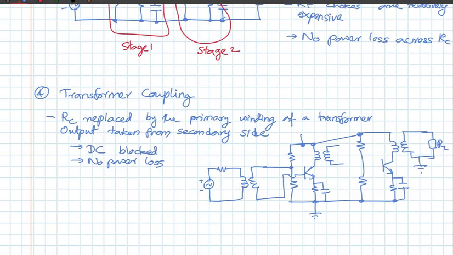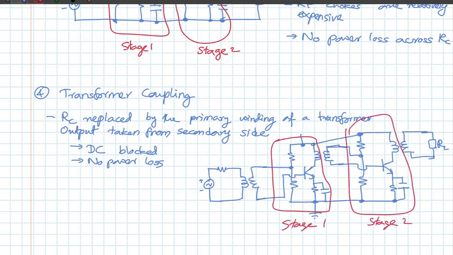There is no connection. We can even eliminate this ground if you want an isolated circuit, so that no currents can flow between the RL side and the other. So this is the transformer coupling. Here, this is my first stage, this is my second stage.